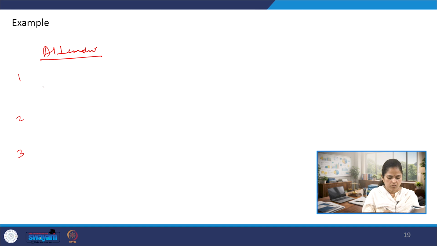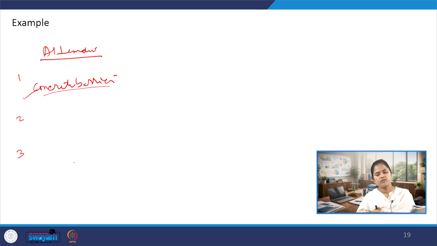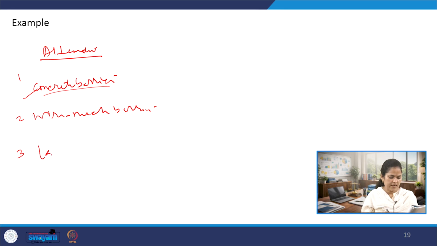The first alternative is in terms of a concrete barrier. If you make this concrete barrier on that accident prone area, then it is argued that the accidents would be reduced. The second option is in the form of a wire mesh barrier. And the third one is a landscaped model.